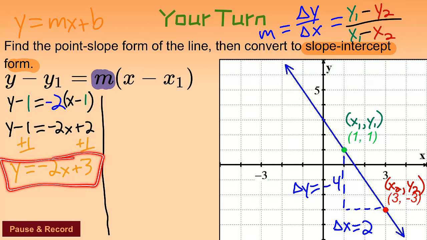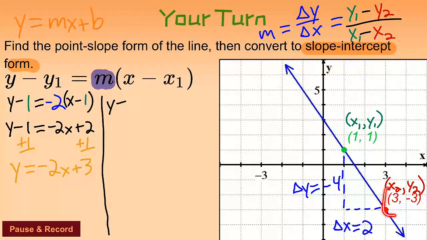So now we're going to do the other equation. We're going to do y minus, and we'll use this point down here now. So the y value is negative 3, is equal to, well, the slope is still negative 2 times the quantity x minus, and the x value is 3.